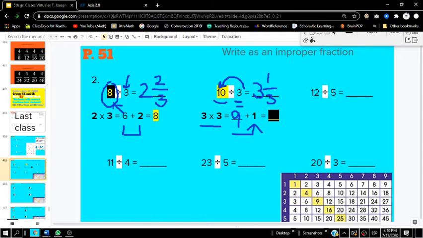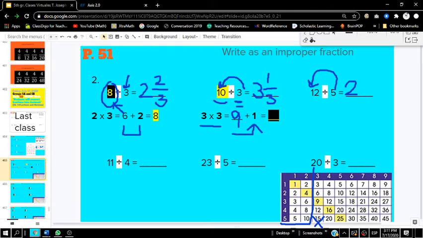Okay, let's try the next problem. How many times can 5 enter or go into 12? Well, if we take a look at our trusty multiplication table down here, I know that 5 can enter 12 just 2 times. If we went to 3, we would actually go over. It wouldn't be 15, right? So just 2 times. 2 times 5 equals 10.